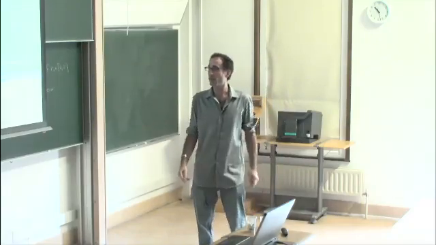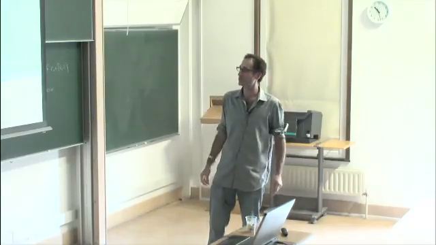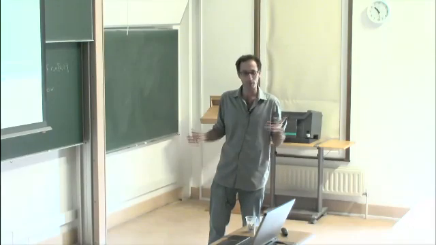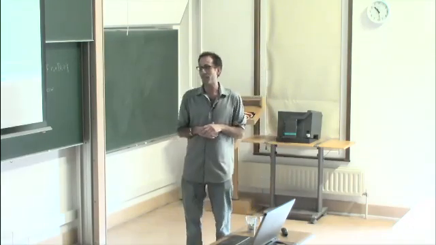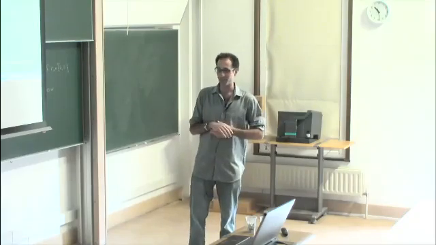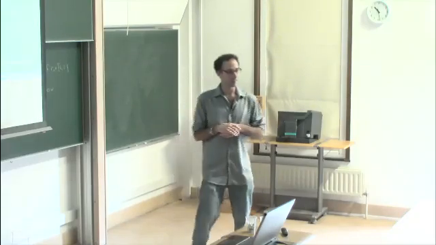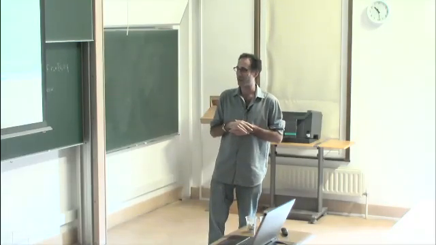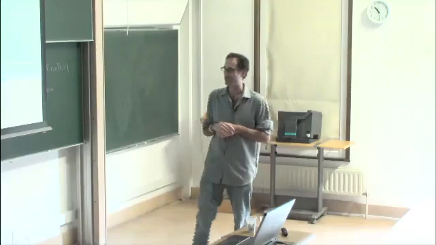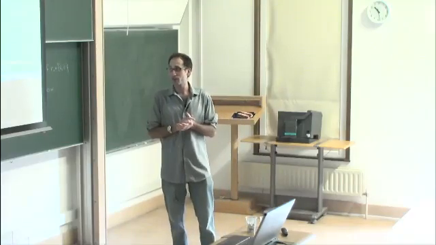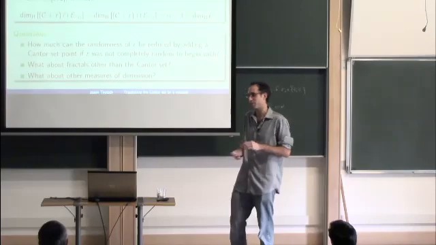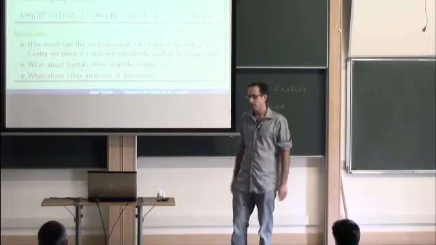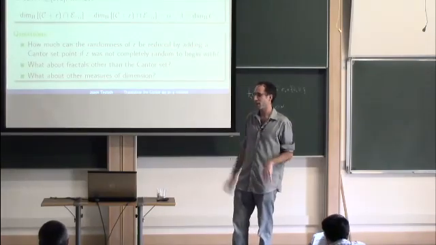What sort of cancellation can you do or not do in that case? And what happens if you look at other fractals besides the Cantor set? The Cantor set is a nice canonical example, but there are certainly other fractals you can look at. And you can also look at other measures of dimension. I focused on Hausdorff dimension here, but you could do packing dimension or other things like this.